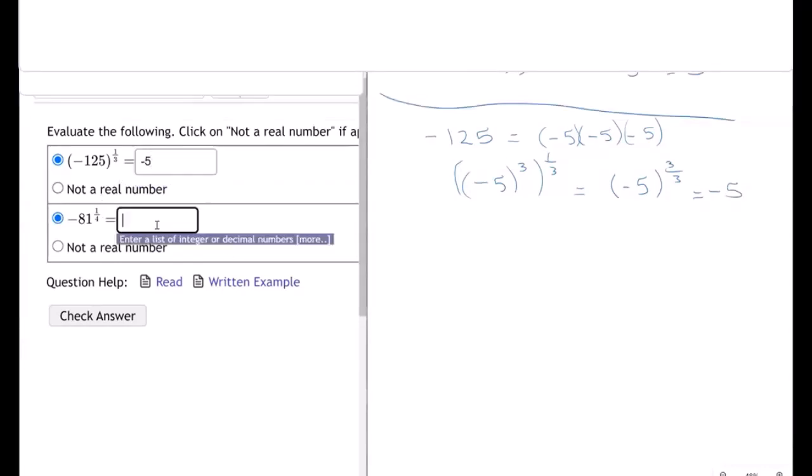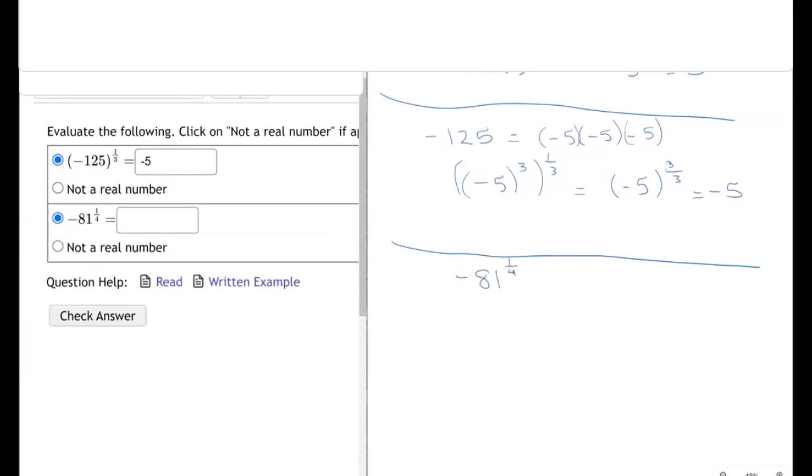Now, this one is very tricky. I don't know if you guys remember, but a while back, I talked about exponent rules. And exponents only act on what they're next to. This is the same as negative the fourth root of 81.